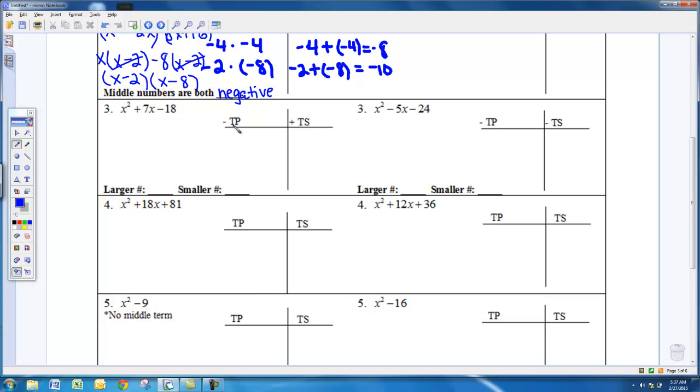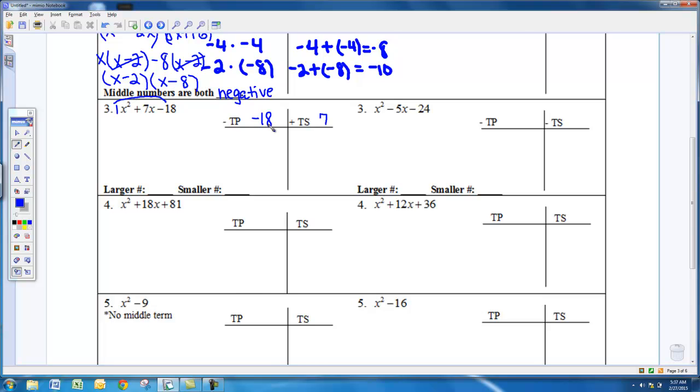In order to get a negative target product, we have to have one positive and one negative. In order to get a positive target sum, our larger number has to be positive. So 1 times negative 18 is negative 18. So that's our target product. Our target sum is 7.